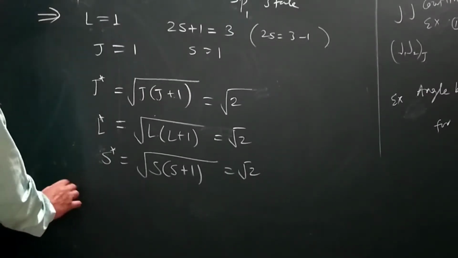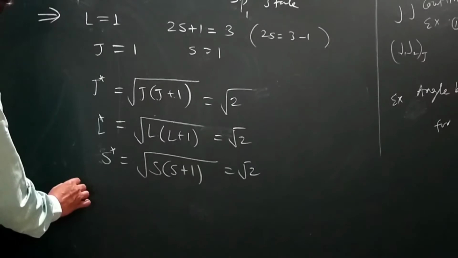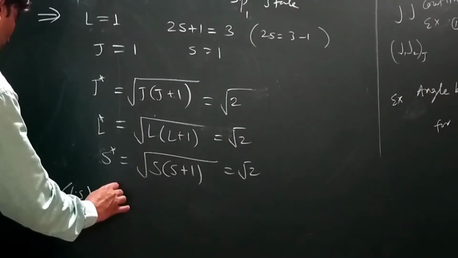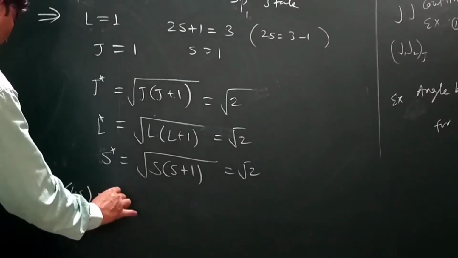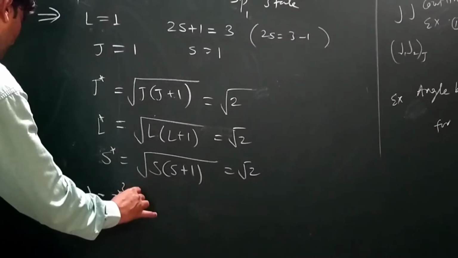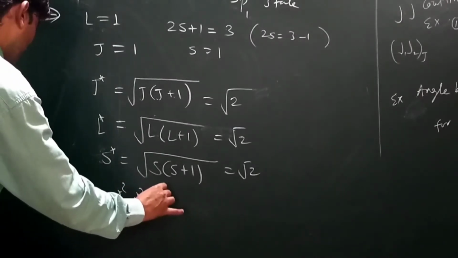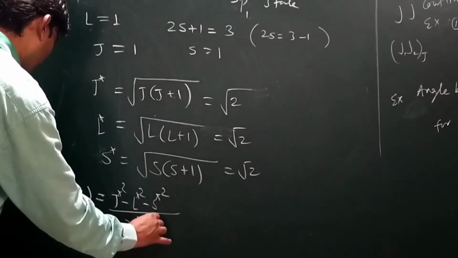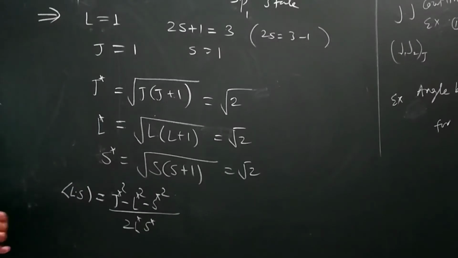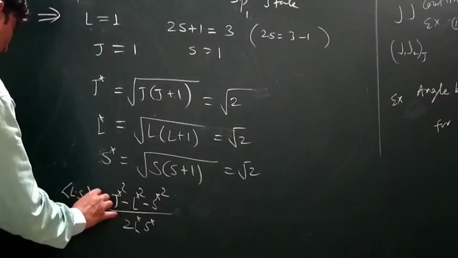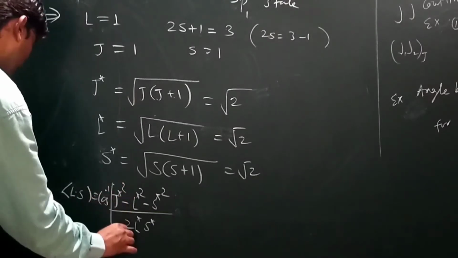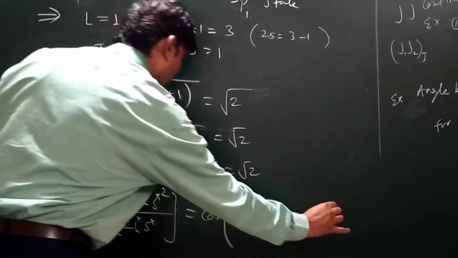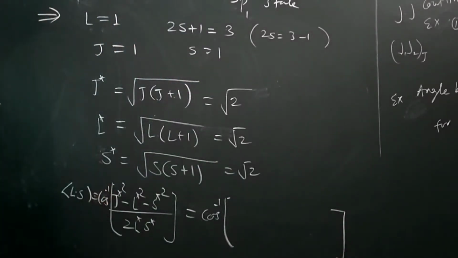The angle between L and S equals cos inverse of J star square minus L star square minus S star square divided by 2 L star S star.